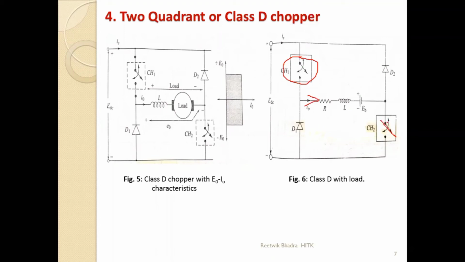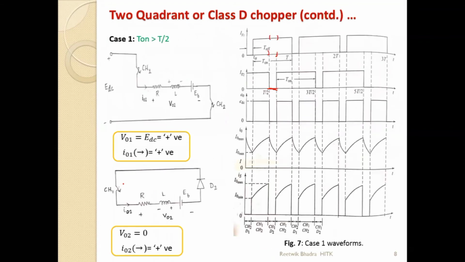This is off over here, so current can't flow this path and go to D1. So obviously this current will come through D2 and complete its path through CH1. So only the above part of the circuit remains. That is what I have drawn over here: the load RLE discharges through D2 back to CH1.